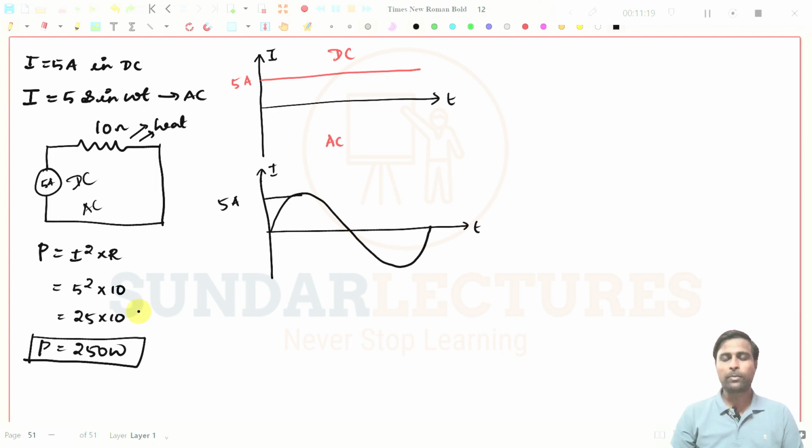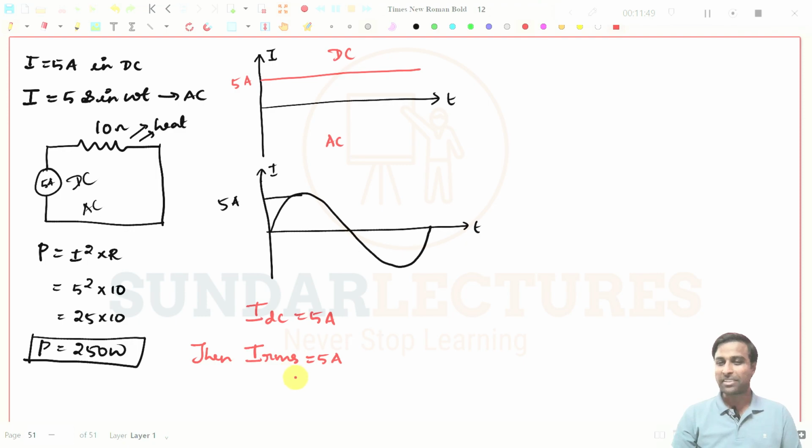The point to be noted is that DC current will not be the same as AC current. So I'm going to write a thing, try to understand. If I DC is equal to 5 amperes, then I RMS is equal to 5 amperes.